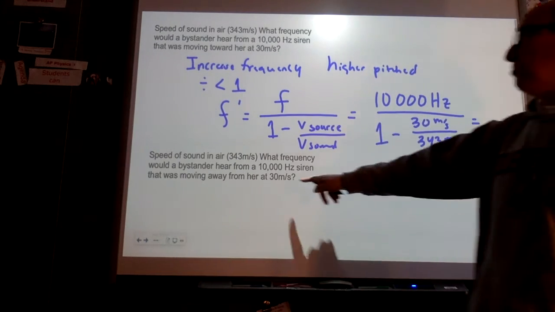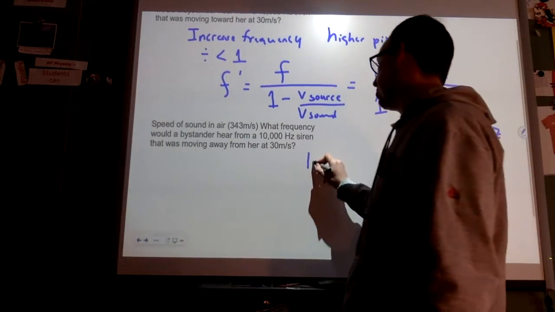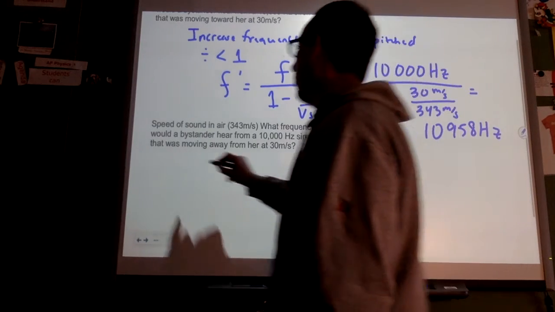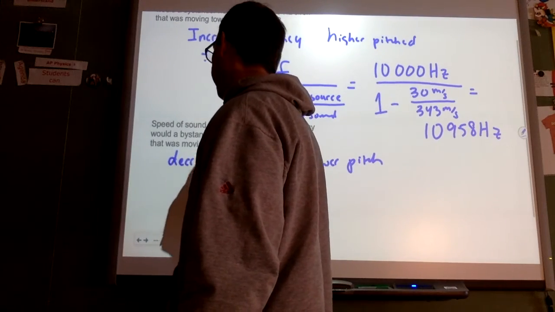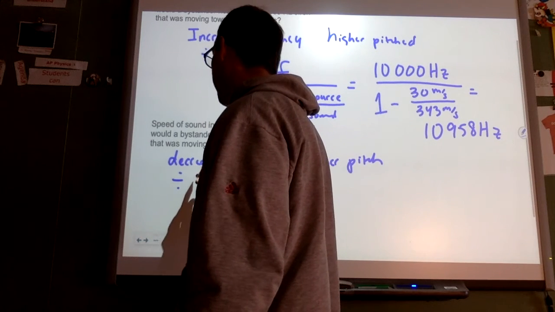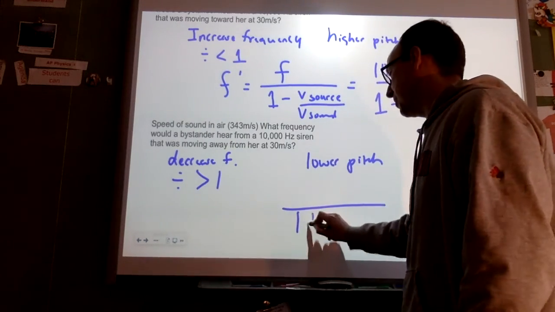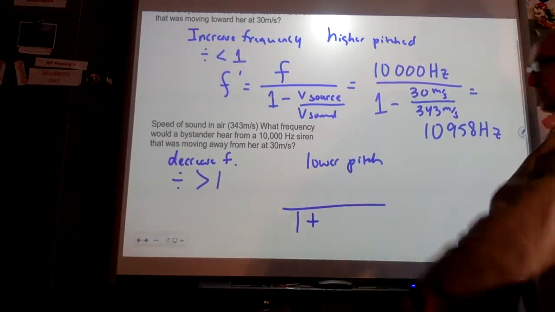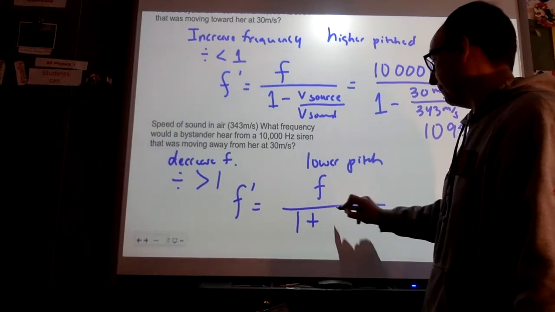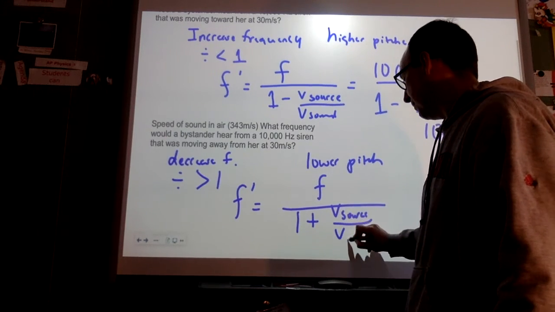All right, how about if it's moving away? If it's moving away, I want a lower pitch. I want a decrease in frequency. That means I'm going to divide by something that's greater than 1. So the bottom of my fraction is going to be 1 plus. And so f prime is going to be f, we have v source over v sound.